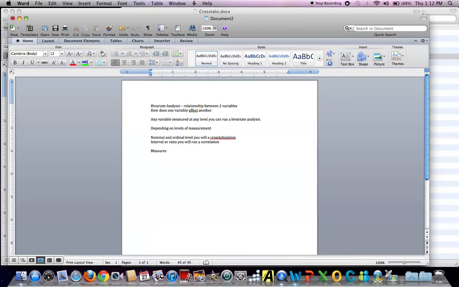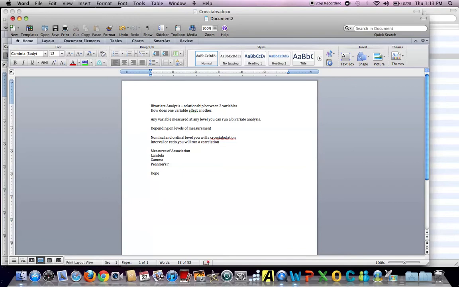So bivariates are also called measures of associations. Or bivariate analysis, what you get is a measure of association, and the exact statistics for those measures of association are lambda, gamma, and Pearson's R. Okay, and so typically how you decide what you run, either correlation or crosstab, and what type of measure of association you will request, a good rule of thumb is based on your dependent variable.